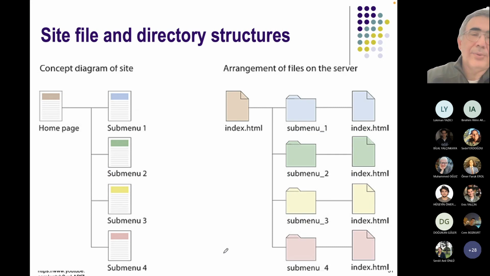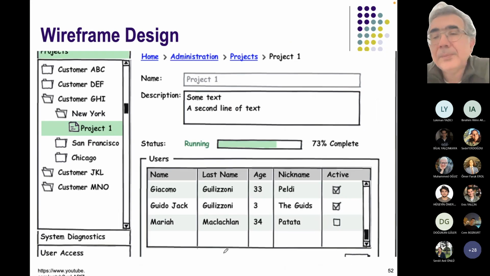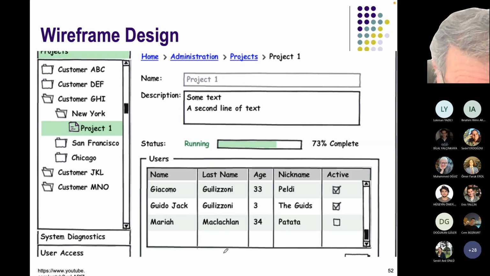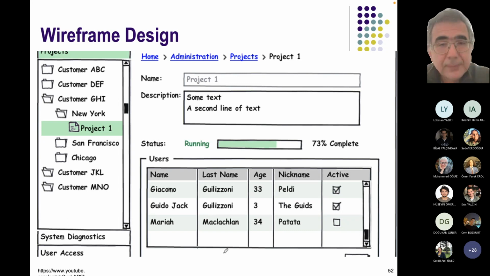Another example. So then you need to move to wireframe design. This is one example from the balsamic.